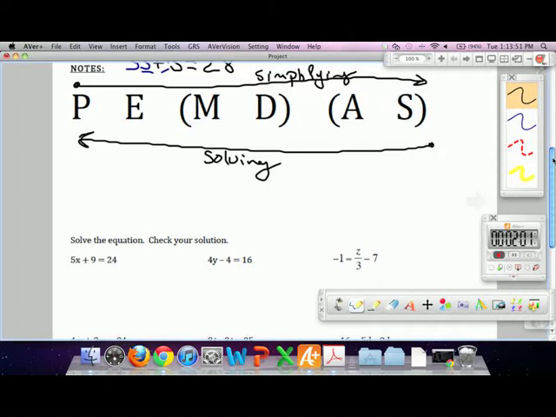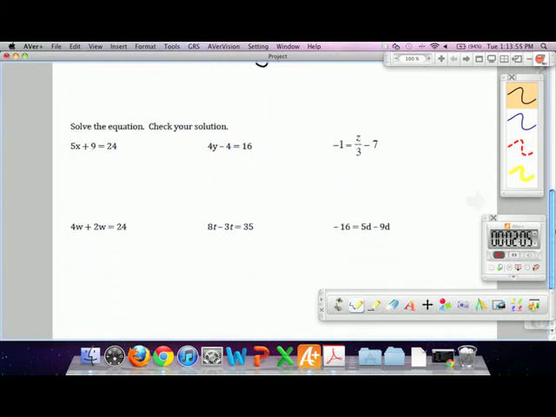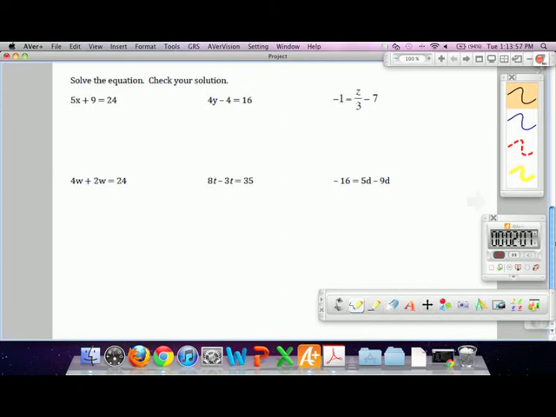For example, there's a bunch of two-step equations below. I need to solve 5x plus 9 equals 24. What should be the first thing I undo? Before we start solving, is there anything to simplify? Are there any like terms on either side?